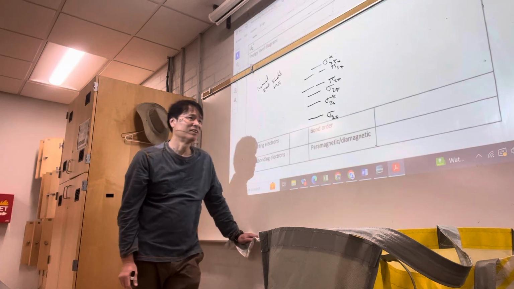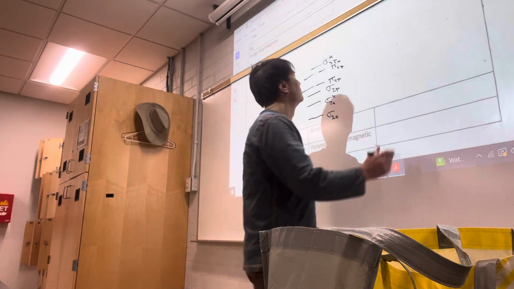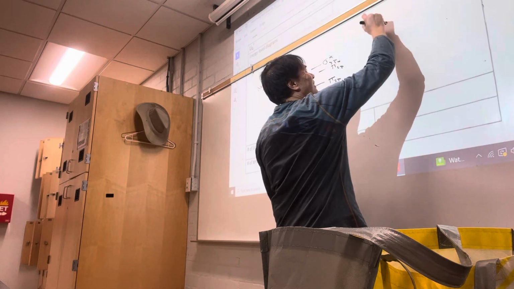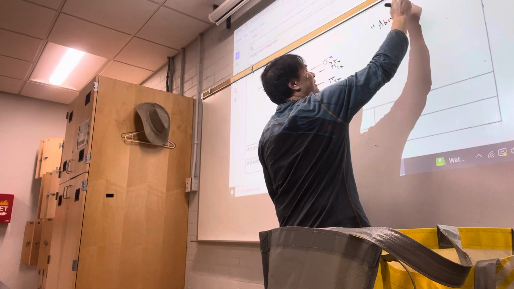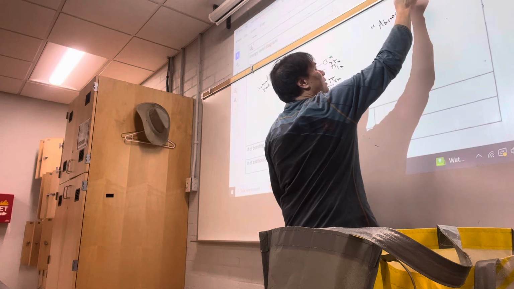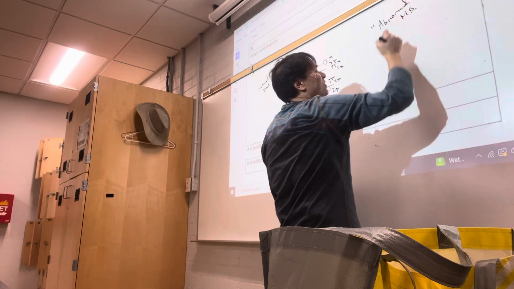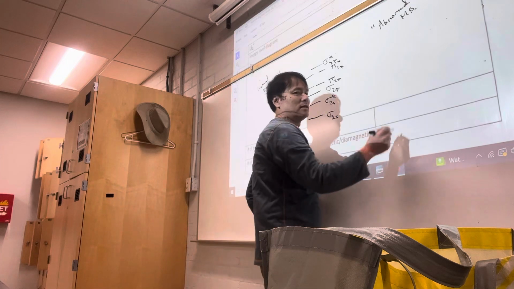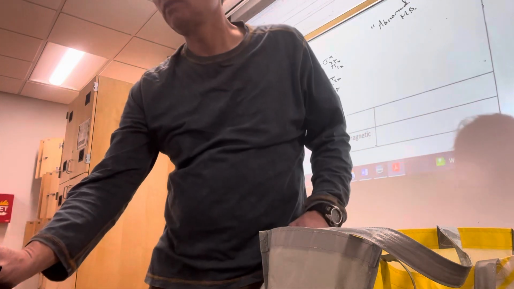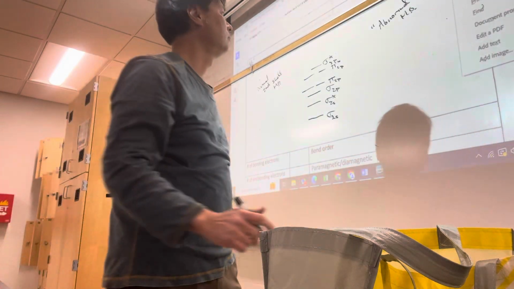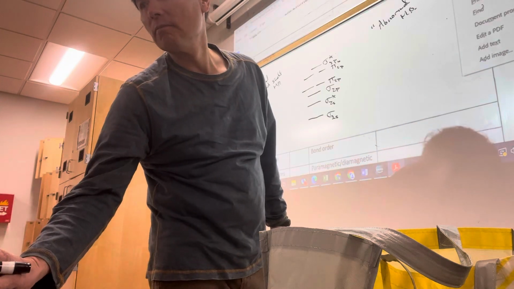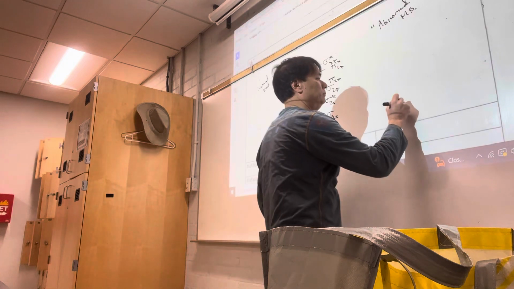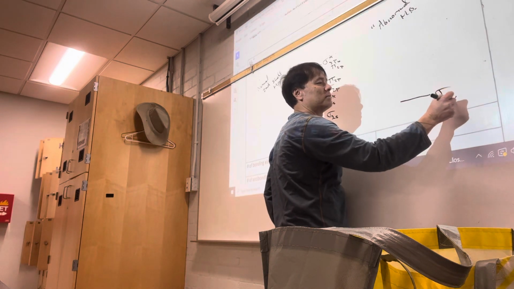We have an abnormal MO diagram. Nobody calls it abnormal though, but it's abnormal because what it looks like is this. It starts off normal, sigma 2s.